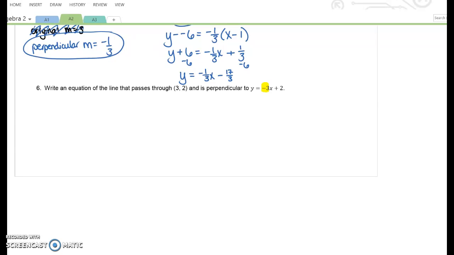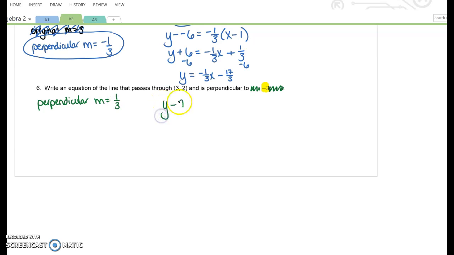The only thing that we really care about out of this equation is the -3, the slope. I don't want that +2 to confuse you. That 2 doesn't go in there in any way. If the original slope is -3, then the perpendicular slope is +1/3.